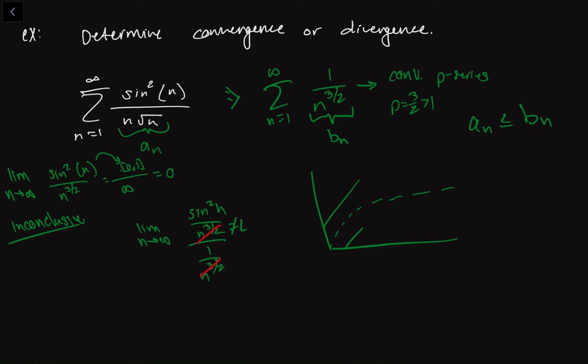Because if a sub n is less, it's forced to converge; it's not just going to diverge like I was saying earlier. But if a sub n is bigger than b sub n, then we can't determine whether it's going to converge or diverge. It's not squeezed, it's not pinched between b sub n and 0, right? So what we want is for this to be less than or equal to b sub n. Let's prove that.